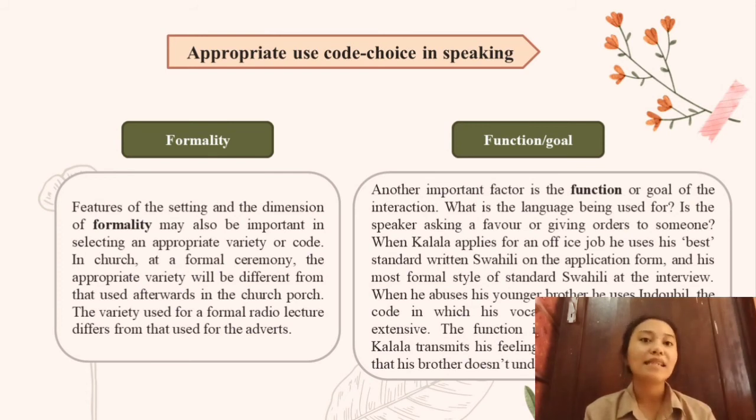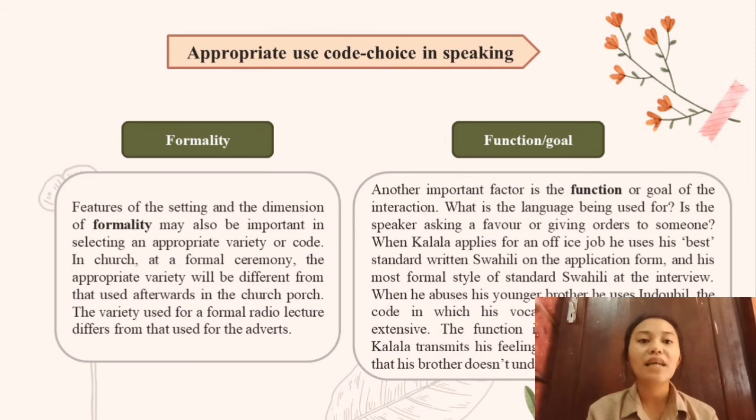Okay, the last is function or goals. Another important factor is the function or goal of the interaction. What is language being used for? Is the speaker asking a favor or giving orders to someone? When Kalala applies for an office job, he uses his best standard written Swahili on the application form and his most formal style of standard Swahili at the interview.